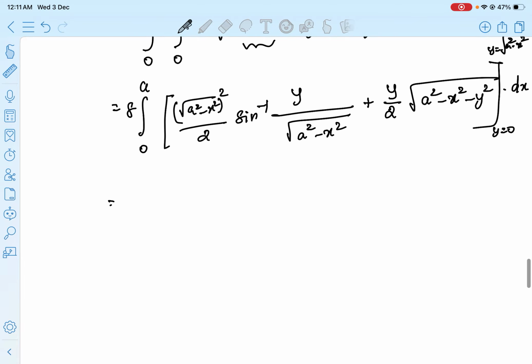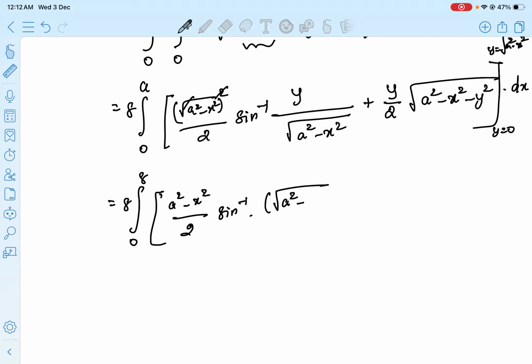Equal to 8 integral 0 to a. So the square and root cancelled. So a square minus x square by 2 sine inverse. What is our y? Our y is root of a square minus x square by root of a square minus x square, so we can cancel both the terms, plus y by 2.